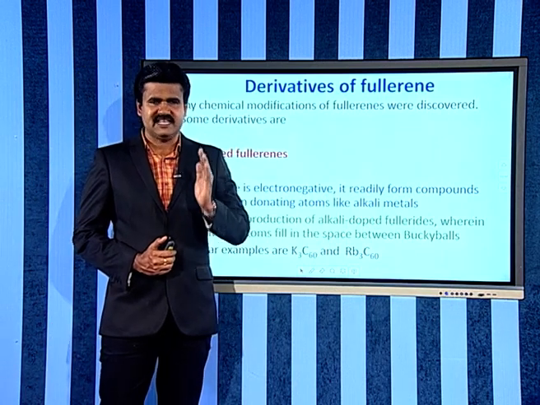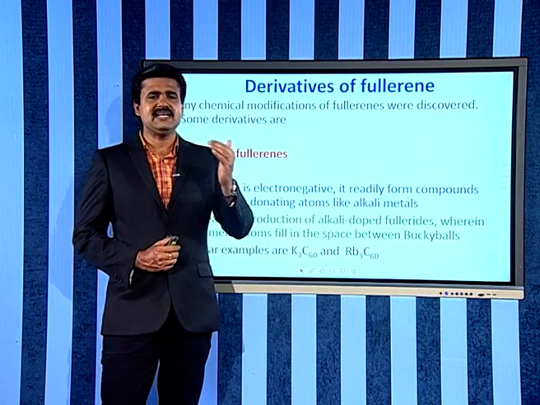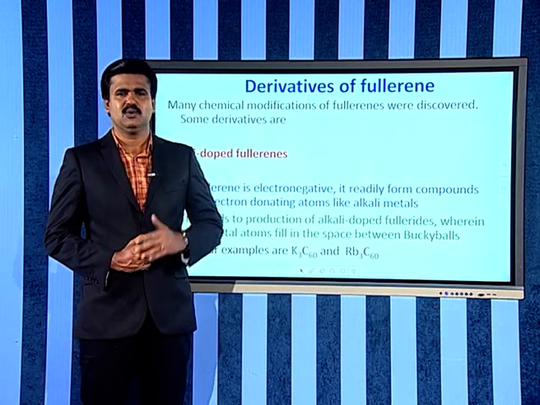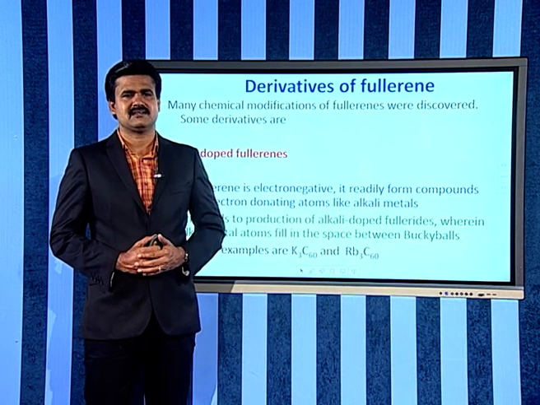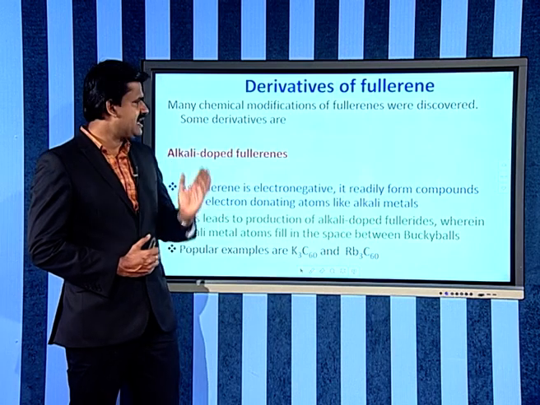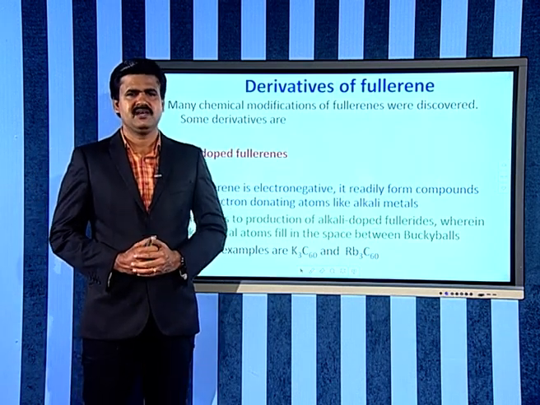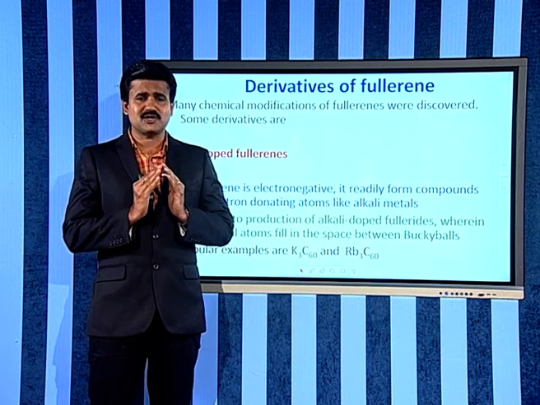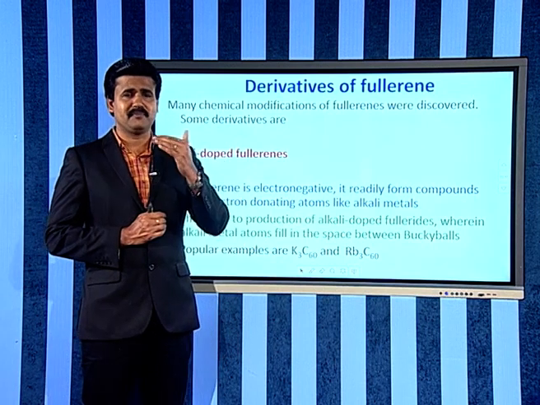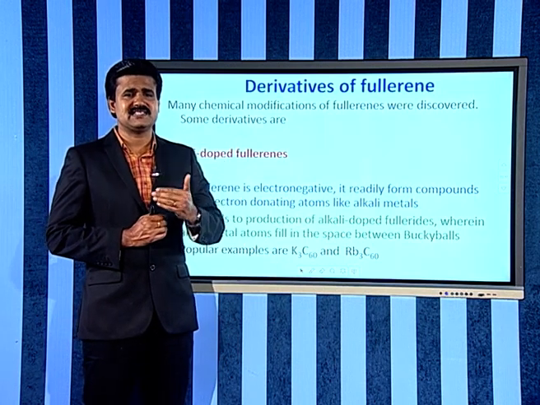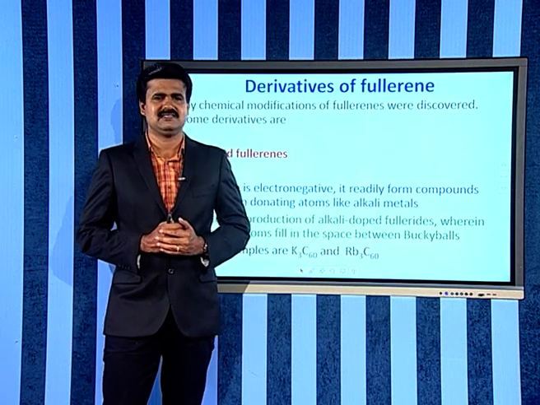Another area is derivatives of fullerene. Many chemical modifications of fullerenes have been discovered. Some derivatives are shown. Alkali doped fullerene is the first category. Fullerene is electronegative. It readily forms compounds with electropositive metals or electron donating atoms like alkali metals.